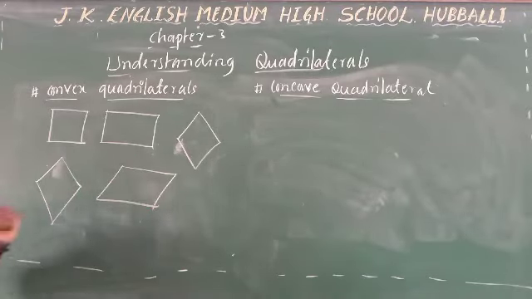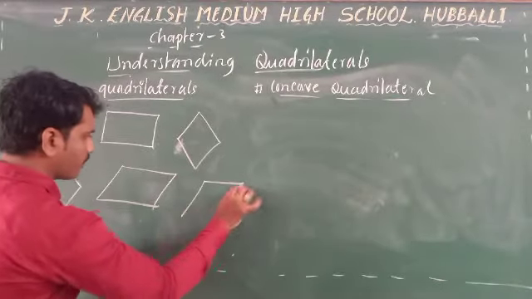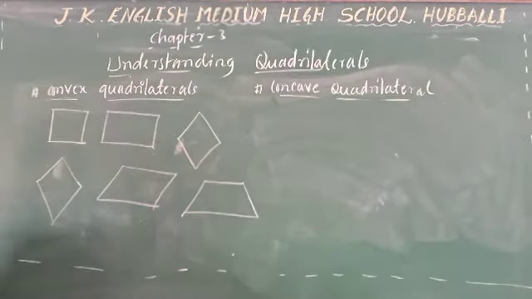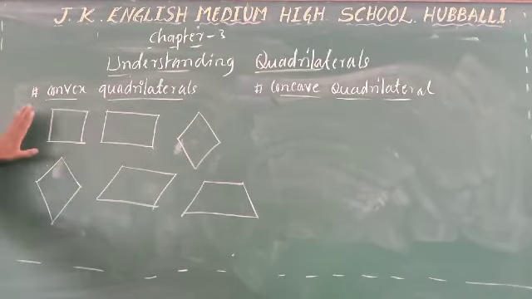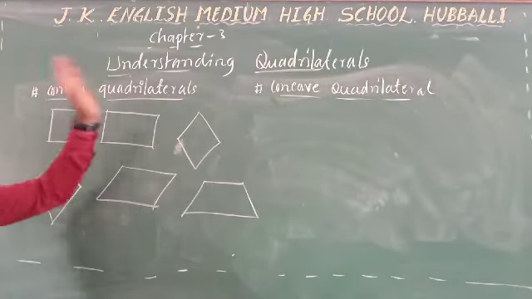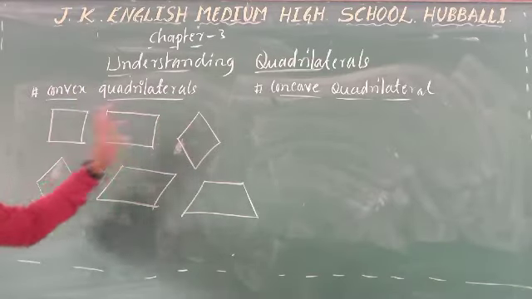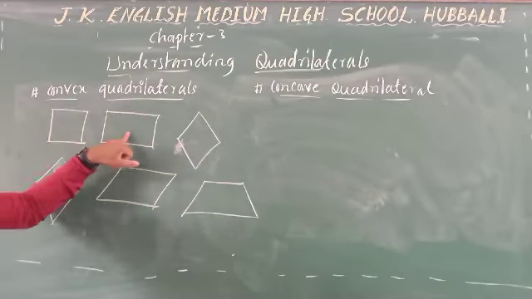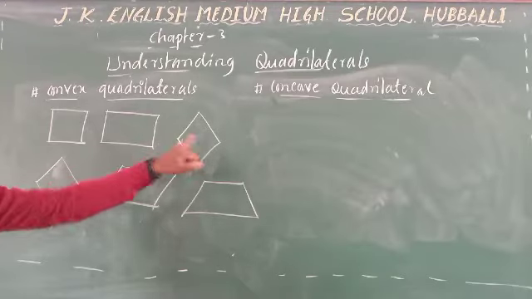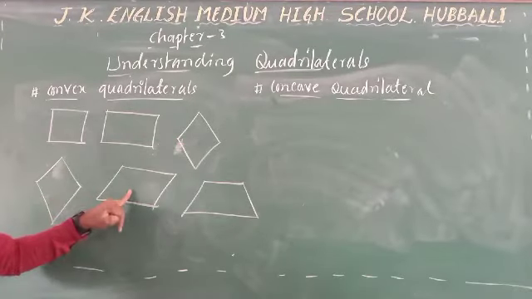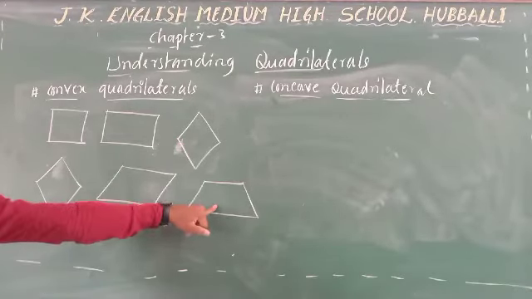Parallelogram is also a convex quadrilateral. Trapezium is also a convex quadrilateral. These six are the convex quadrilaterals: square, rectangle, rhombus, kite, parallelogram, trapezium.